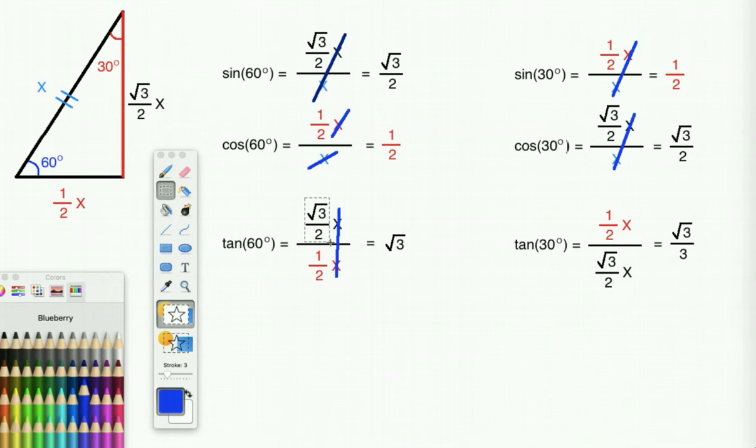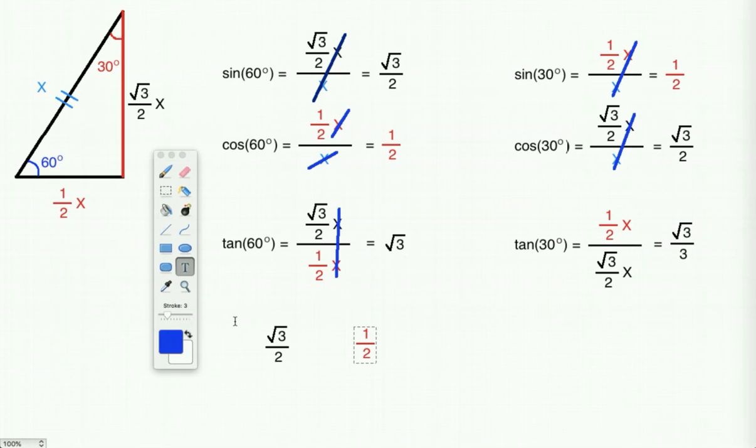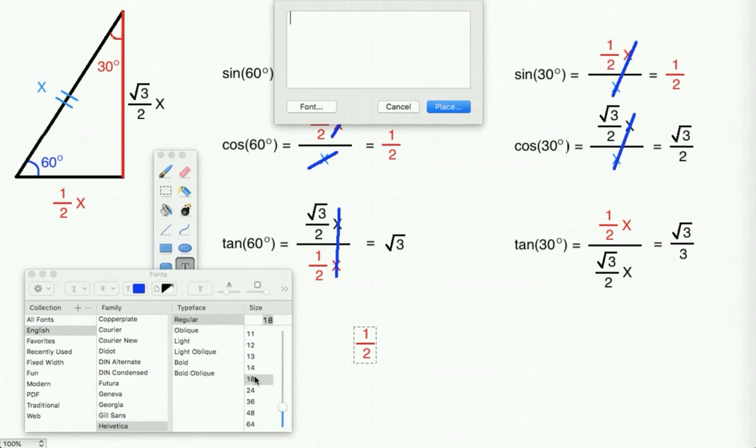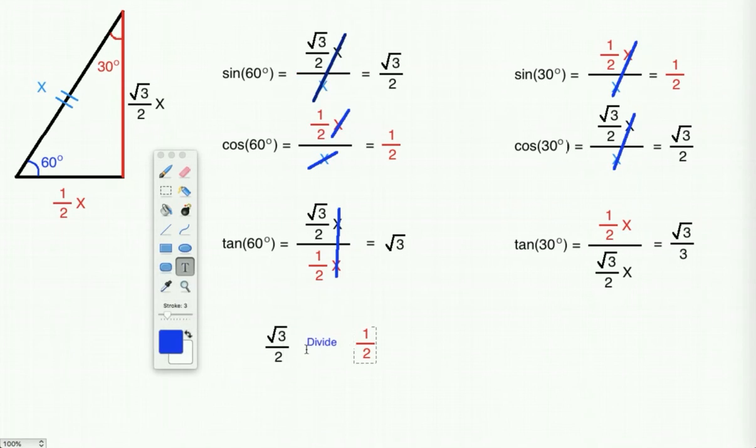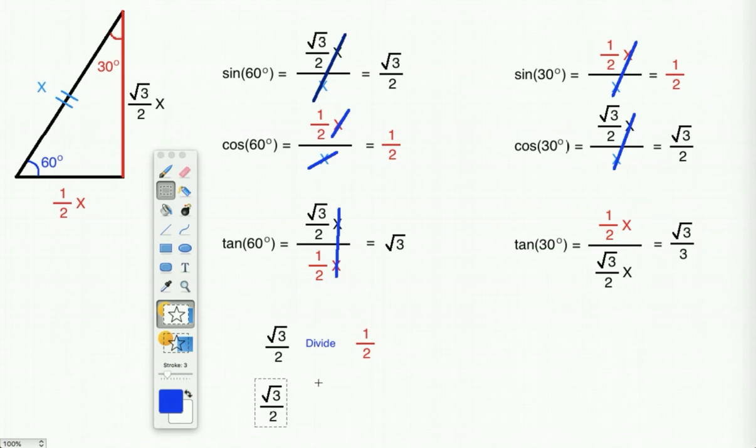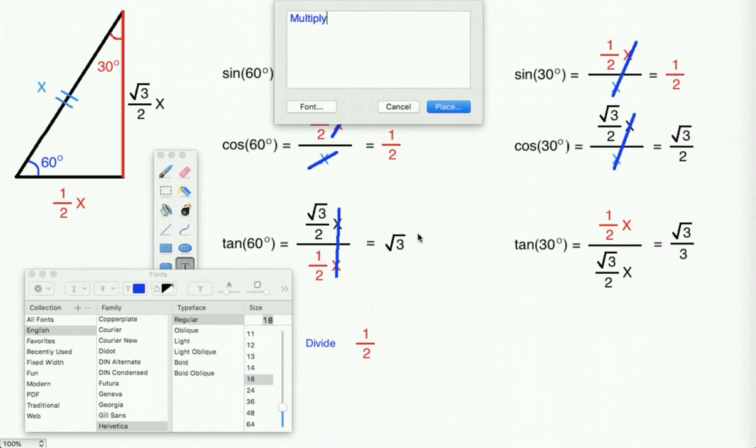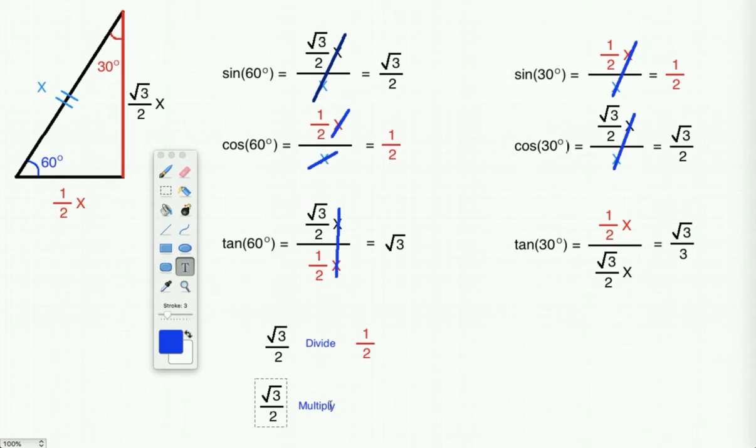If you have this fraction right here divided by this fraction, that is the same thing as taking this fraction here and multiplying by the reciprocal of the other one.